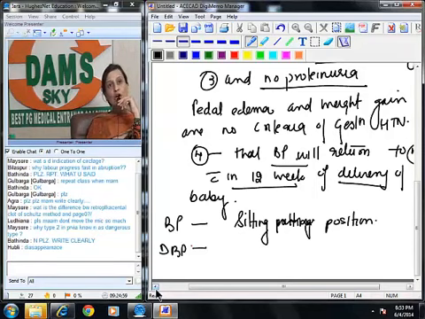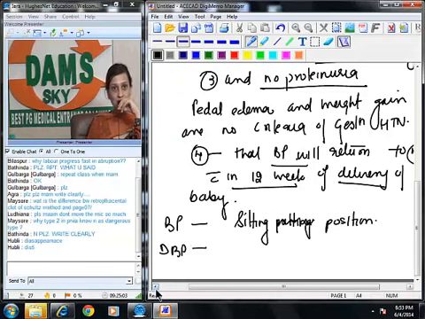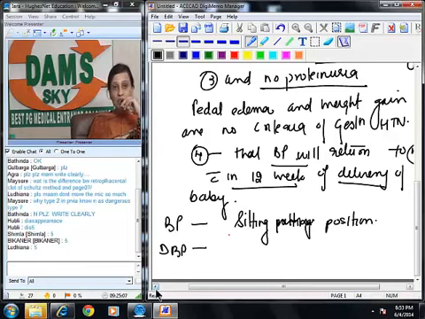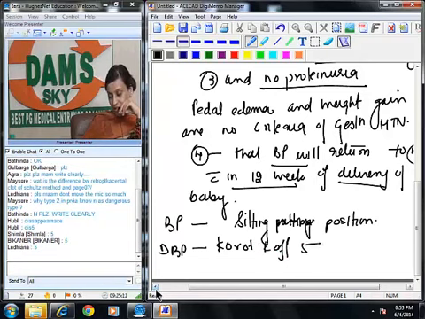Is it Korotkov 4 or Korotkov 5? Now this is something very basic, but again it came in the exams. So in a pregnant female, it has to be Korotkov 5. So we take the disappearance of the Korotkov 5 sounds as the criteria to take diastolic blood pressure.